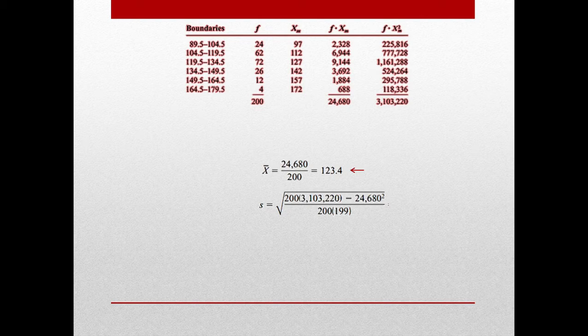So therefore we have the summation of frequency, which is 200, multiplied by the summation of frequency times midpoint squared, which is 3,103,220, minus the summation of frequency times midpoint, 24,680 raised to 2, all over the summation of frequency multiplied by the summation of frequency minus 1, which is 200 multiplied by 199.